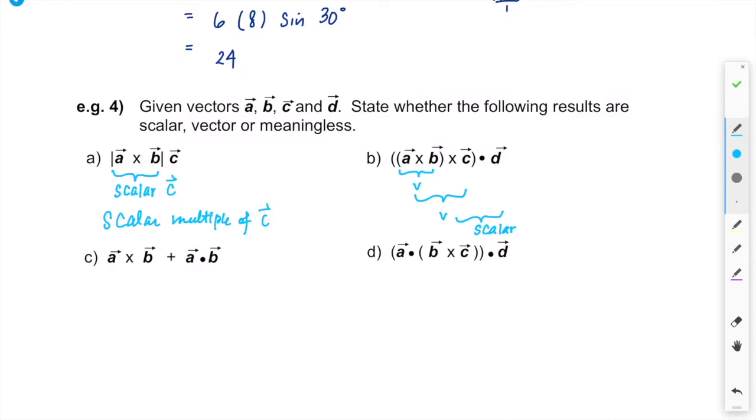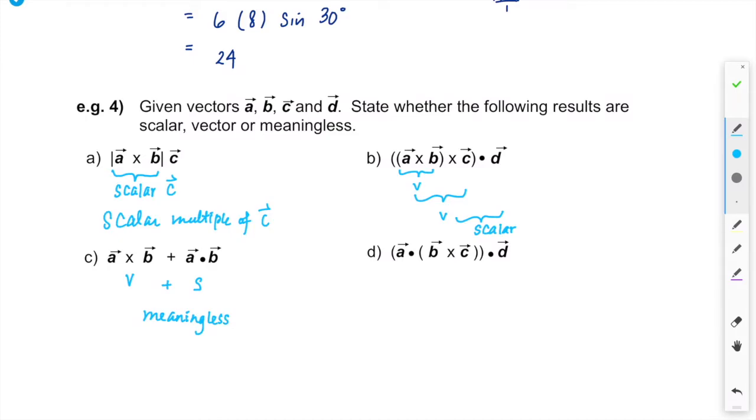Next, I have A cross B, a vector, A dot B, a scalar. Can I add a vector and a scalar together? No, this is meaningless. D, what have we got here?